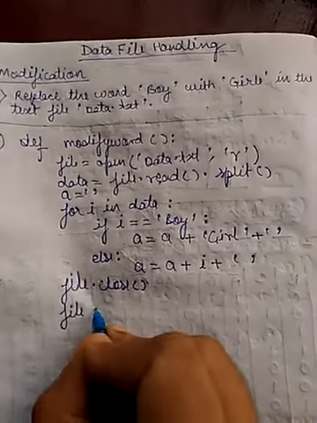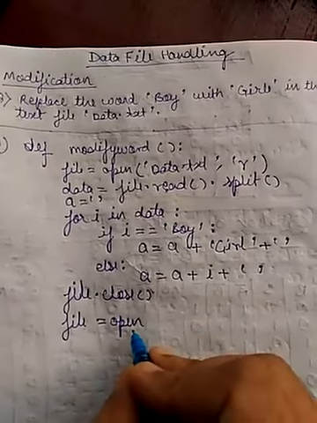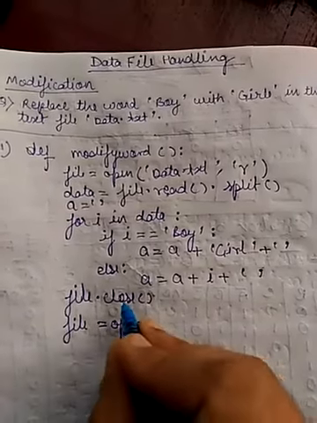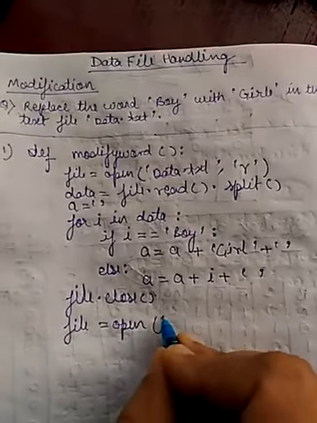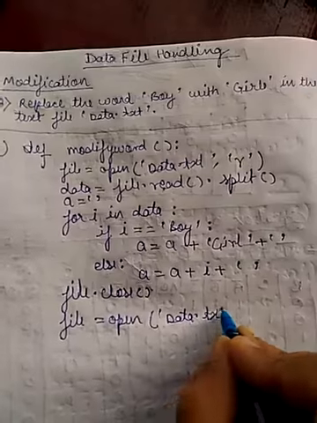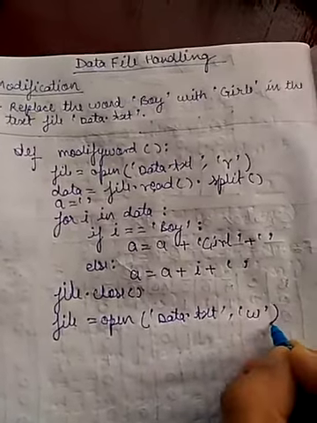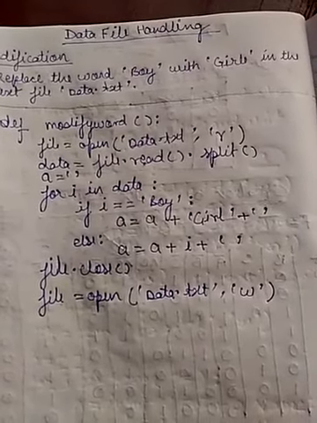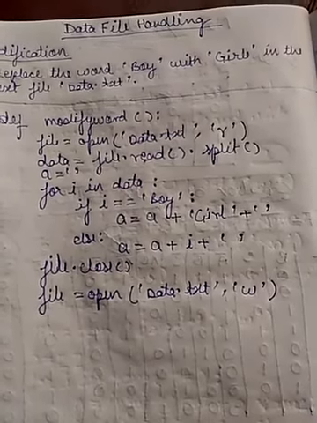File equal to open. Remember that you open the file only after closing it. So first you close the file, then again open data.txt in writing mode. As I have told you earlier, whenever we open a file in writing mode, a new file is created which replaces the existing file.